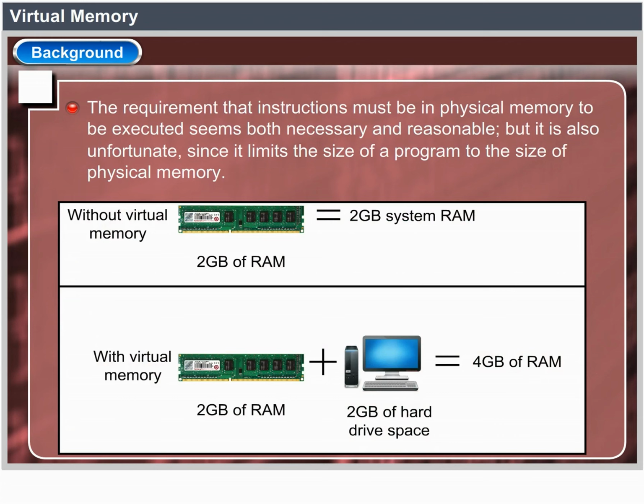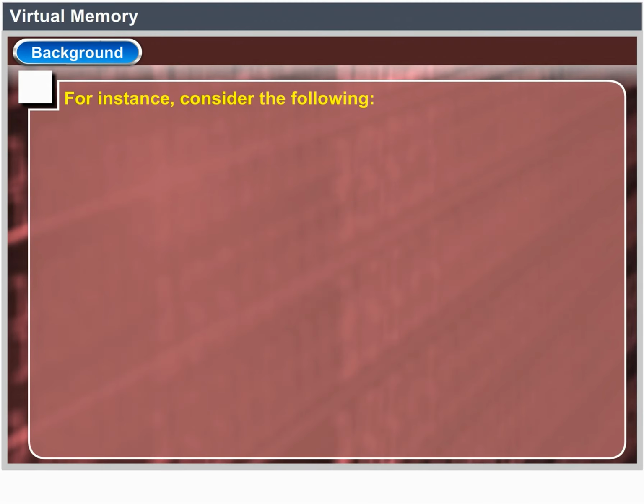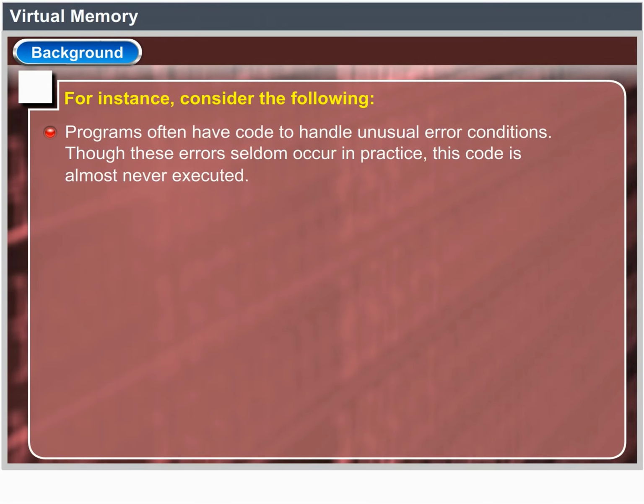In fact, an examination of real programs shows us that, in many cases, the entire program is not needed. For instance, consider the following. Programs often have code to handle unusual error conditions. Since these errors seldom, if ever, occur in practice, this code is almost never executed.